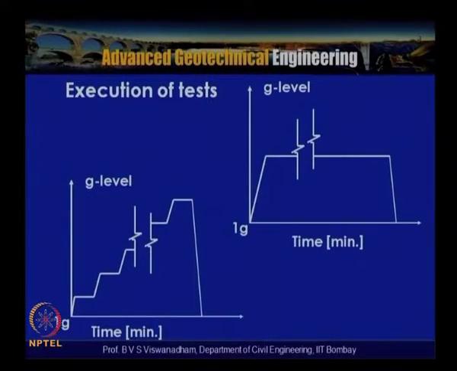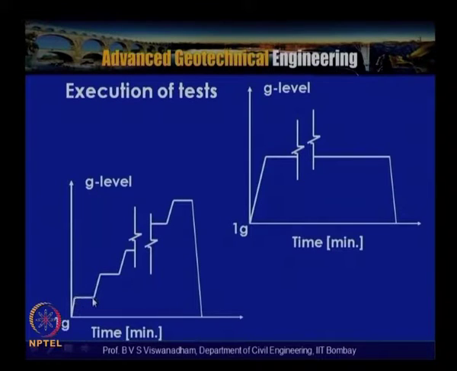So here the gravity level is increased gradually at a certain speed, and the speed has to be kept in mind with the desired conditions like undrained conditions, and the waiting times also have to be small. So here this is a certain gravity level, and then this is another gravity level, and then up to the collapse or failure, whichever occurs earlier.